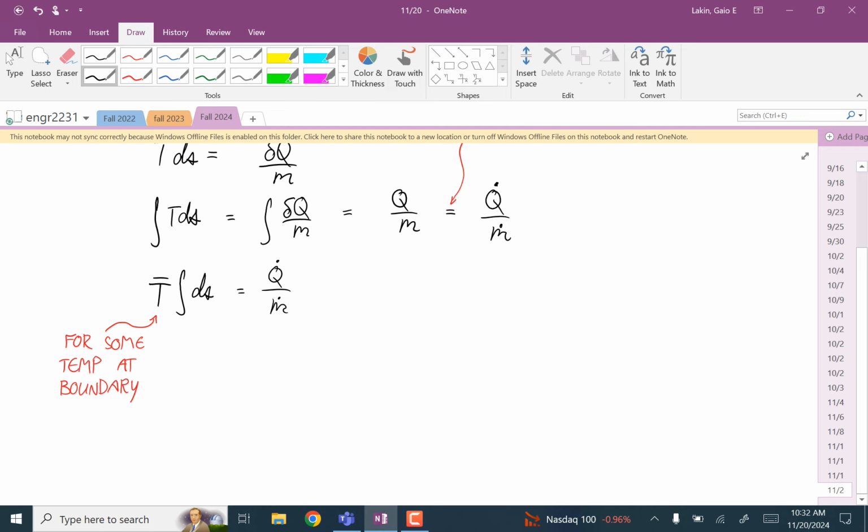It's pretty reasonable to imagine that the temperature at the boundary at the boiler is basically all the same. The temperature of the boundary of the condenser is pretty much all the same. And so we're going to write this as this temperature at the boundary times the change in specific entropy is equal to Q dot over m dot.